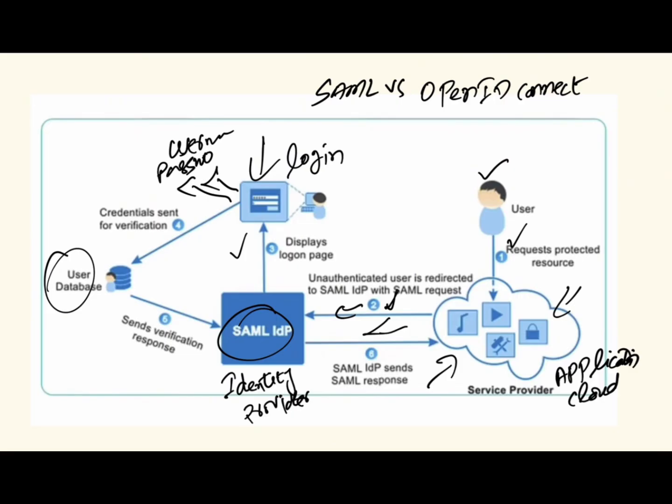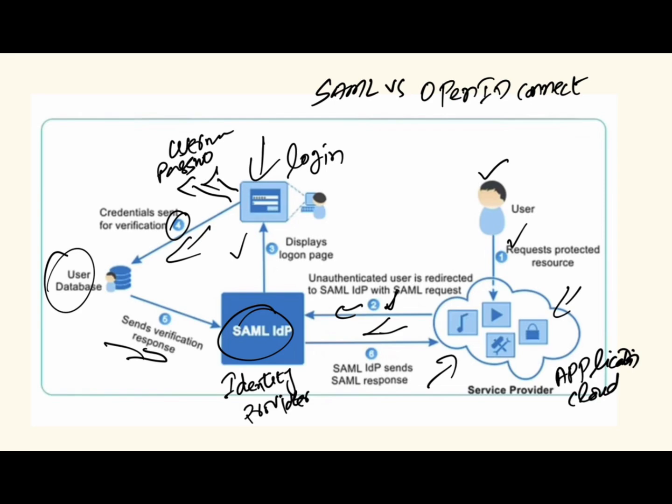The credentials are sent for verification. In step 4, the IDP sends the credentials to the user database. The database checks if the credentials are valid. Then the database verifies the credentials, and if valid, sends confirmation back to the IDP, the identity provider.